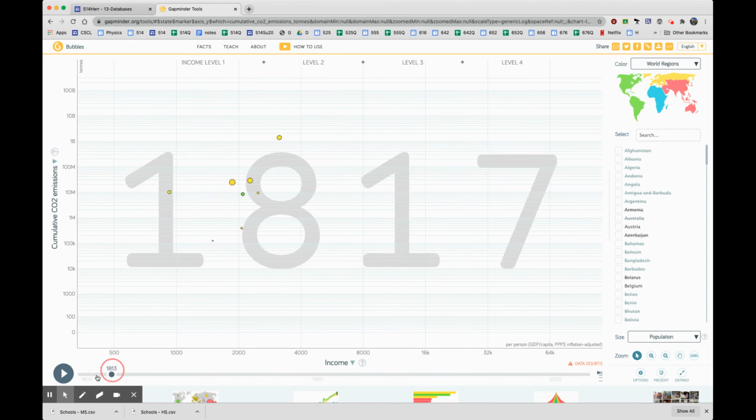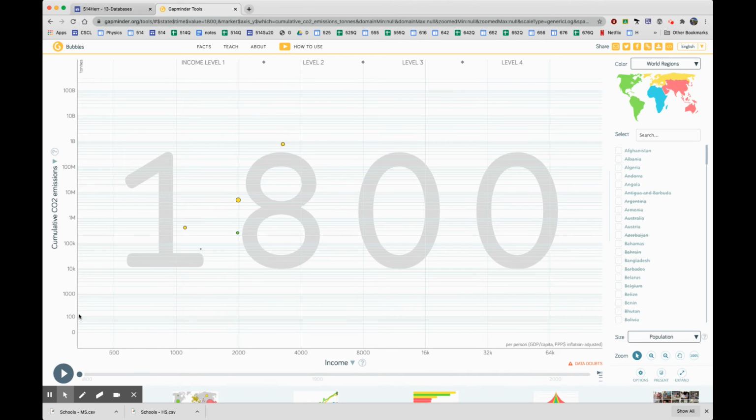Now, here, you're going to want to show the students that the graph has changed. The axis is now logarithmic when it comes to CO2 emissions because the span is so great. When we look at 1800, the countries that were the biggest producers were like United Kingdom and Germany, two of the more industrialized countries at that time.